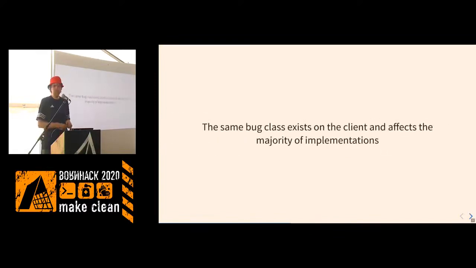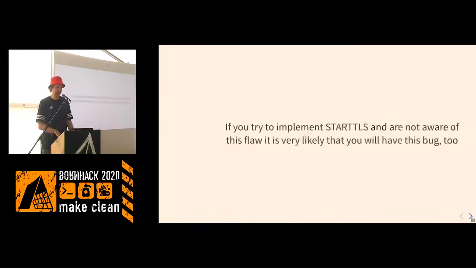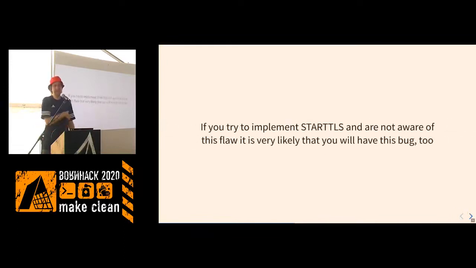And also we saw that we can have the same type of bug on the client, and that affects the majority of implementations. Also, if you think about how you implement something like this, you usually have a buffer where you read commands line by line, and it's basically very easy to implement this bug.